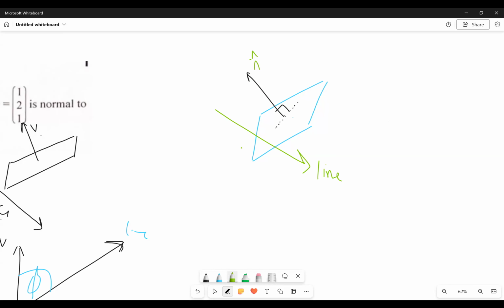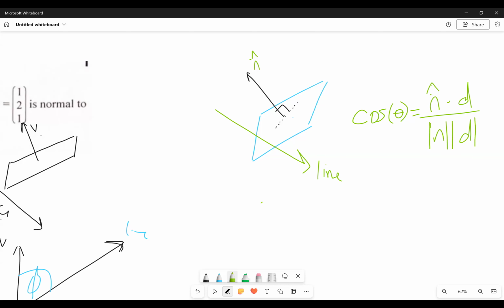For this normal and this line, we want to say the cosine of the angle between them, theta, is equal to the normal dot product with the line, all upon the magnitude of each of them.